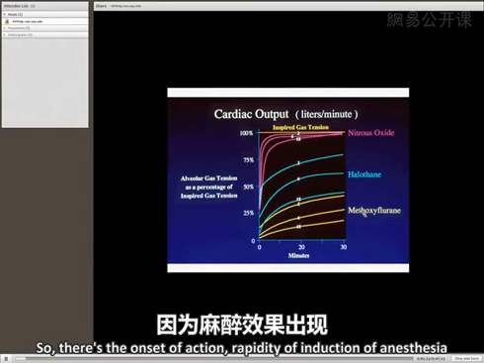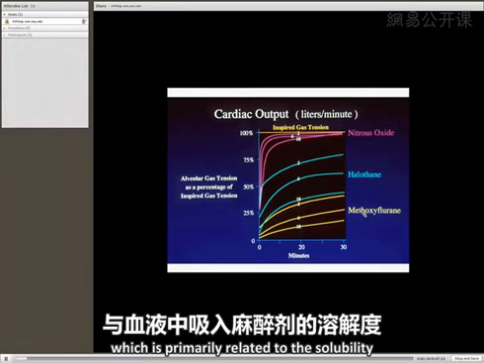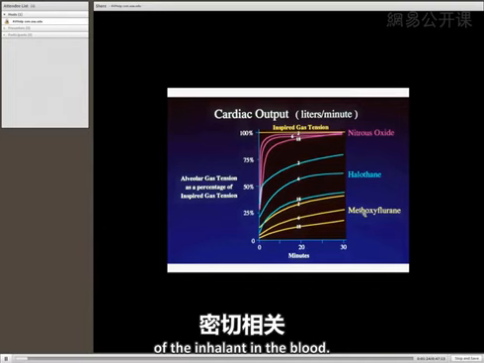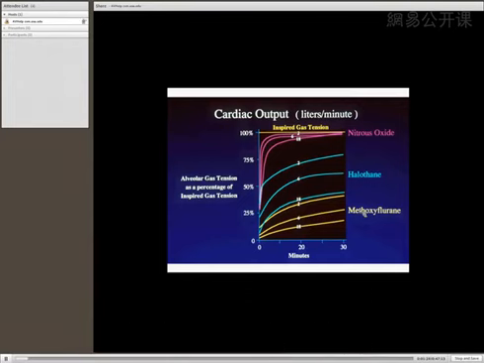So there's the onset of action, the rapidity of changing the depth of anesthesia, the rapidity of induction and recovery, which is primarily related to the solubility of any given inhalant in blood. And then there's the secondary topic with potency.